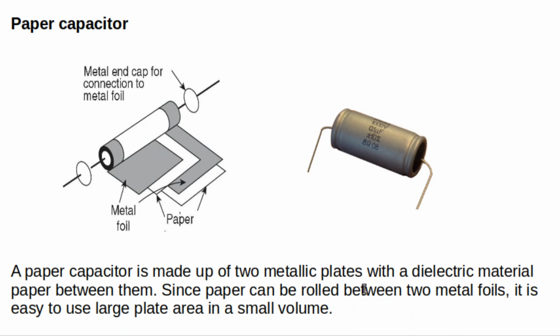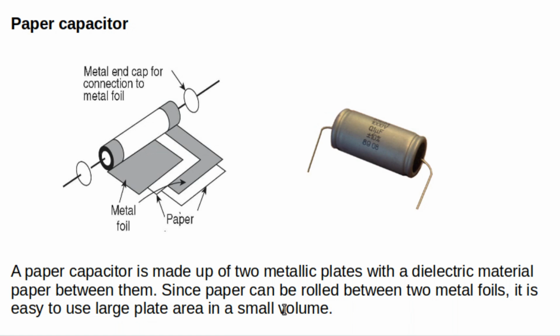What we see here now is a paper capacitor. It is made up of two metallic plates, and we use paper as the dielectric material. We place the paper in between two metallic foils so that we can roll them, and by doing this type of rolling we can increase the area of the plates. At the same time we can reduce the total volume.